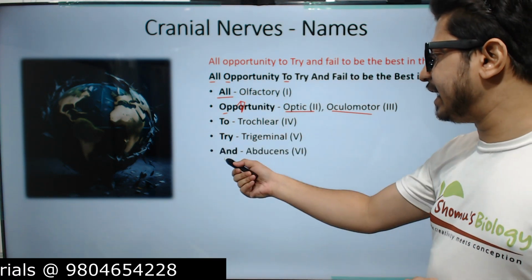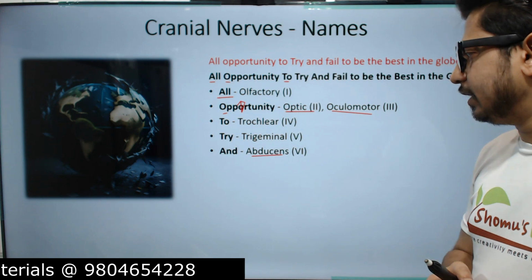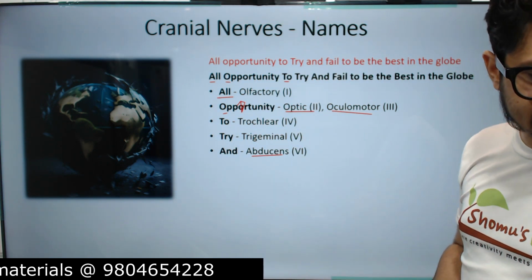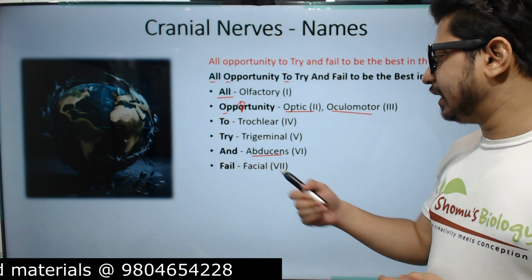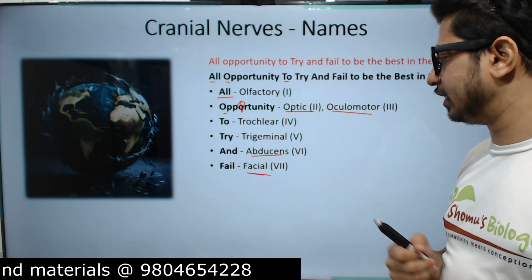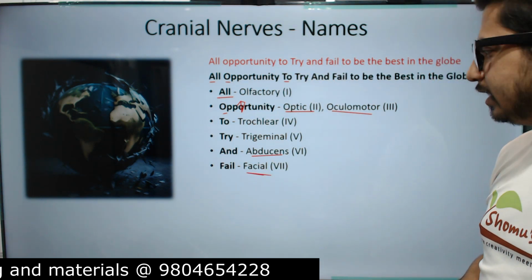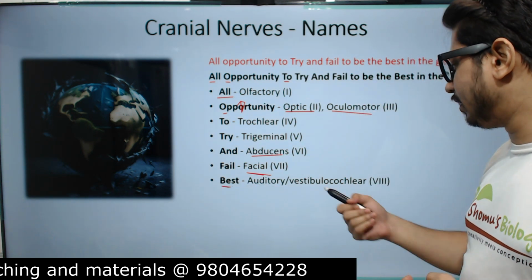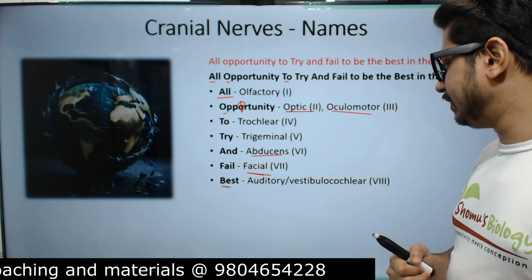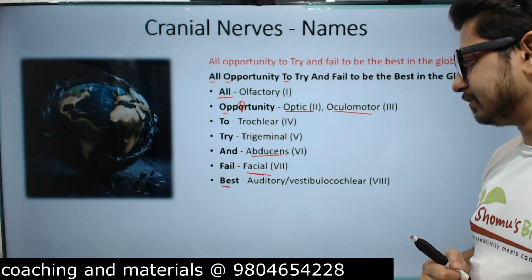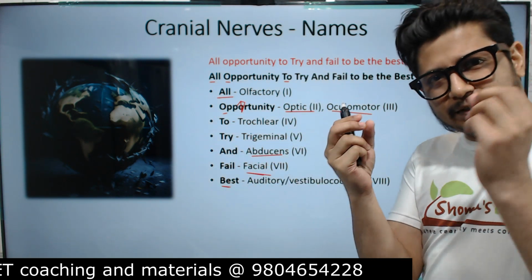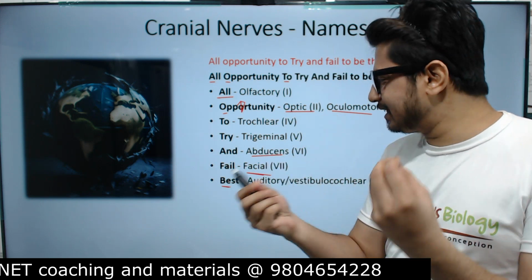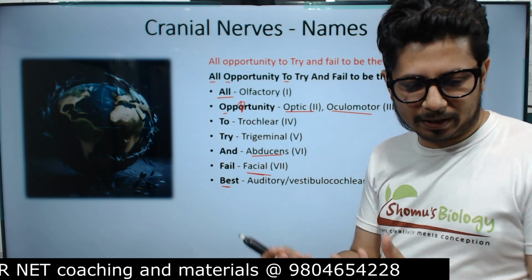Then we have A for abducens, the sixth cranial nerve. Then we have fail, F for facial nerve, the seventh cranial nerve. Then we have best, B for auditory and vestibulocochlear, so you say vestibulo, in that sense we have best, vestibulocochlear.